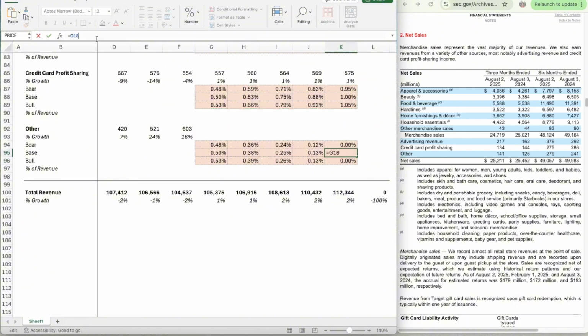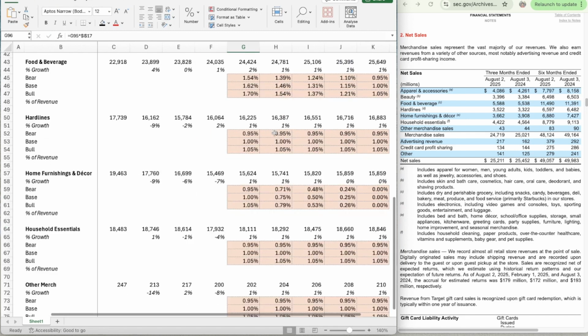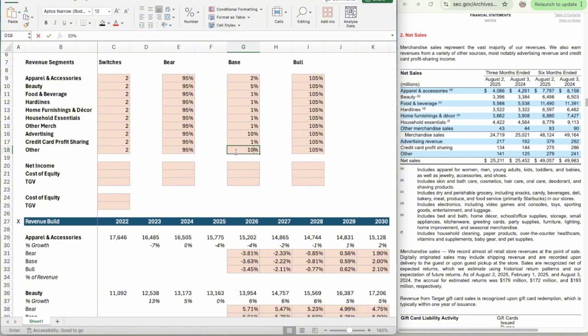G18, was it? Yeah. This one will average. And we'll say it settles at 10% for other.